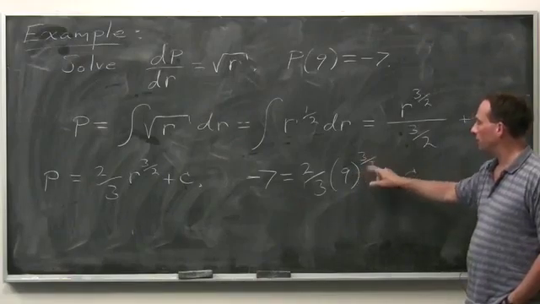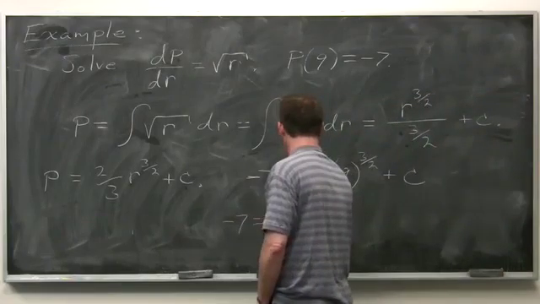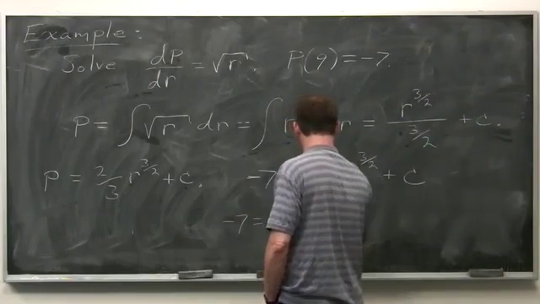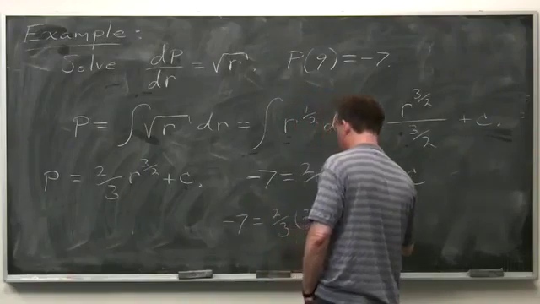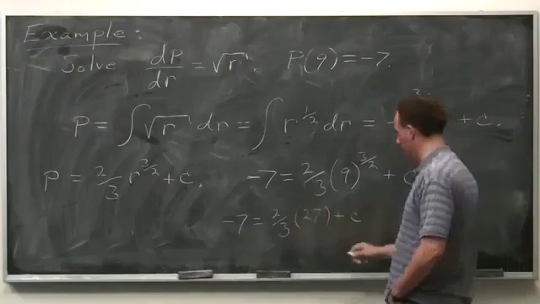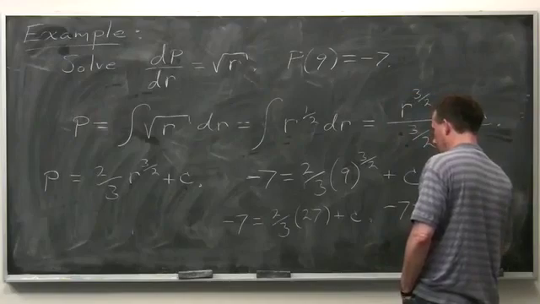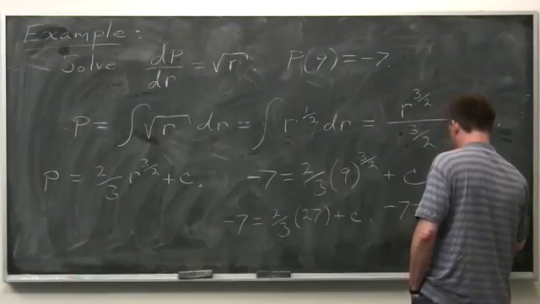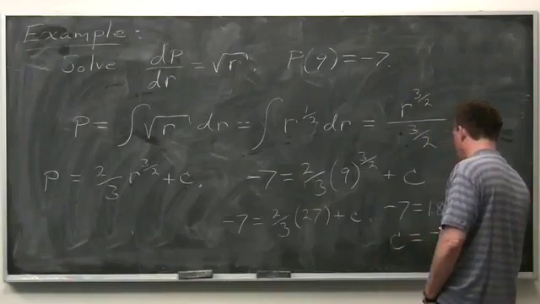So this is 3 cubed, that's 27. So we get minus 7 equals 2/3 of 27 plus c. This is 18, right? 3 goes into 27 nine times, times 2 is 18. So we get minus 7 equals 18 plus c. So c is minus 25.